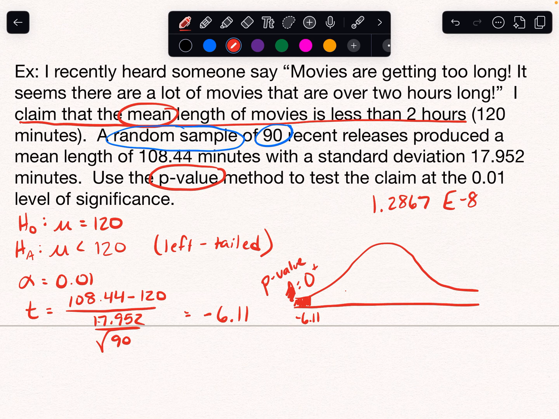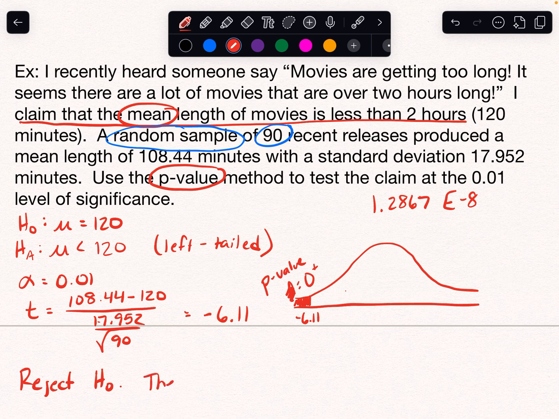So is that more significant than my level of significance of 0.01? And we should say, yes, it's more significant. So we want to reject the null hypothesis. Oh gosh, and then we have to follow our flow chart. I don't have that readily available. Okay, so our alternative hypothesis claim does not contain equality. We rejected.